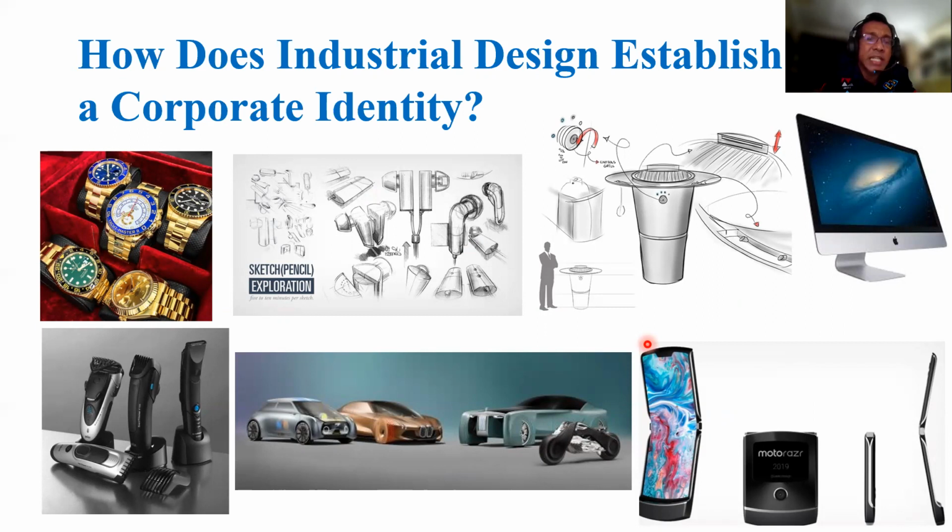For example, how does industrial design establish a corporate identity with the product? With a lot of products here, you can see the corporate identity derived from the visual style of the organization. A factor for that is the firm's positioning in the market.